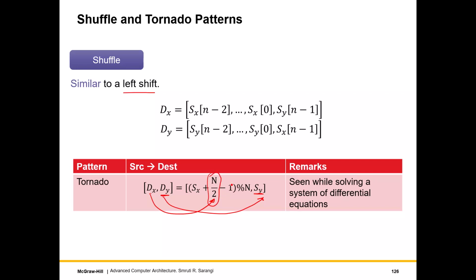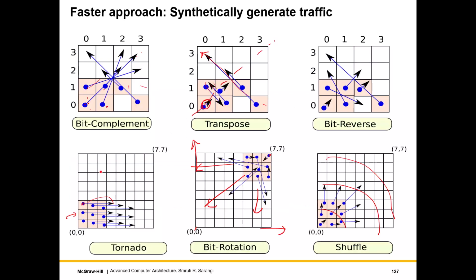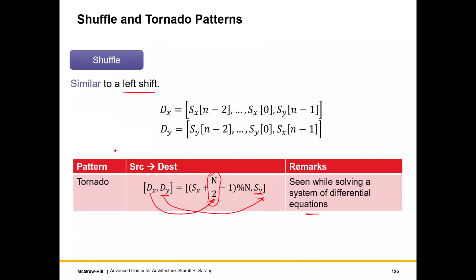So pretty much half the distance it is shifted. This is typically seen when we are solving differential equations in parallel on a group of cores. You would see this tornado pattern. This also looks like a tornado. A large amount of data is moving to the right. So more or less that's the idea. But of course towards the end there is a wraparound, mainly because of this modulo n.